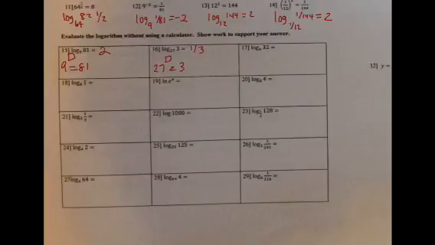For number 17, 4 to what power is 32? Well, that's not an exact value, right? I mean, there's no whole-number power of 4 that gives you 32, but you could change it to 2 squared, right? That's 4. So we know that 32 is 2 to the 5th.